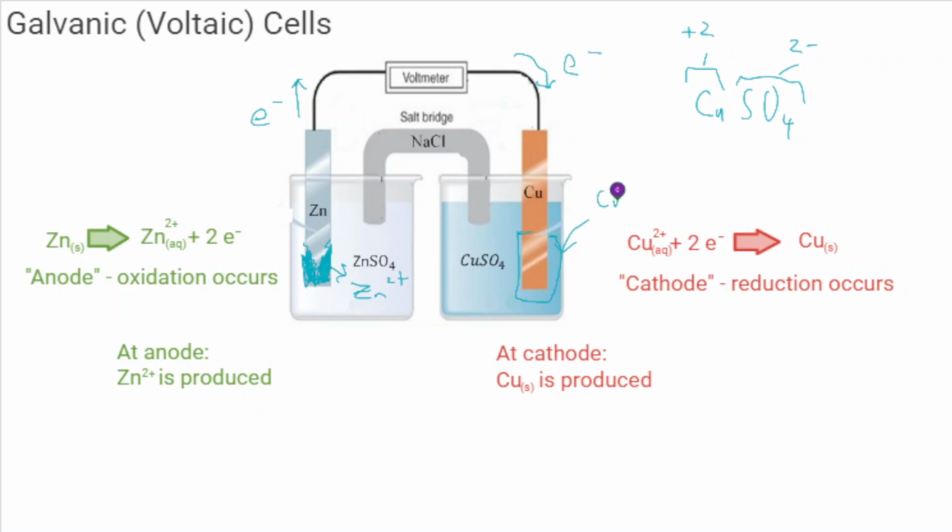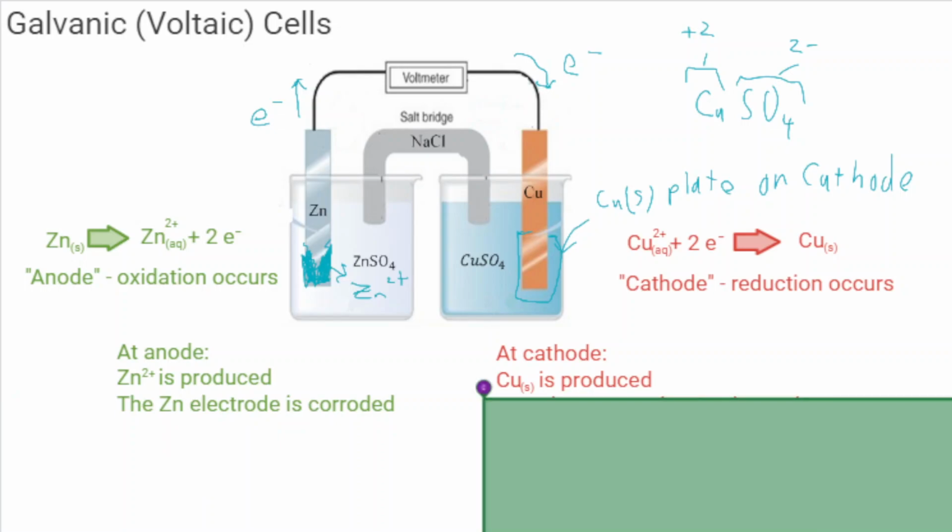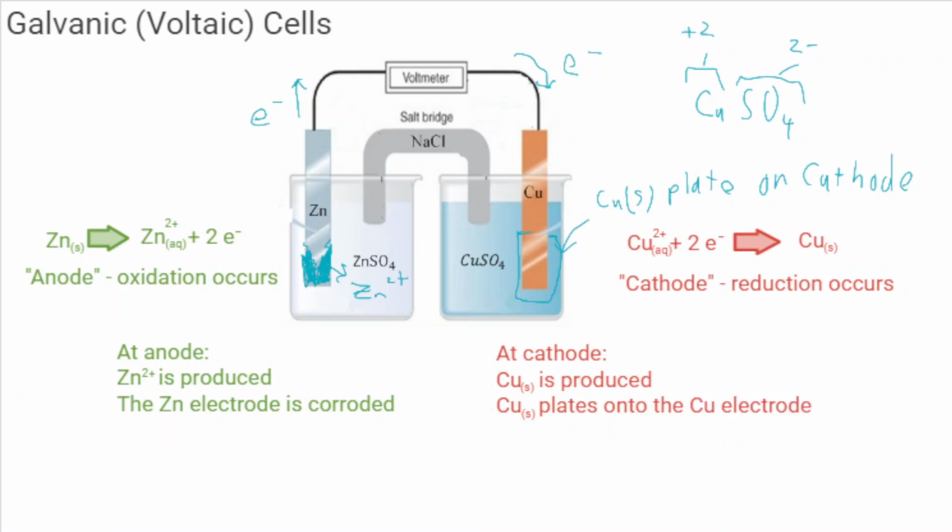So copper solid will plate on our cathode, in this case copper. To reiterate that, at our anode, our zinc electrode is being corroded, and at our cathode, the copper solid is plating onto the copper electrode. So essentially it will get bigger.